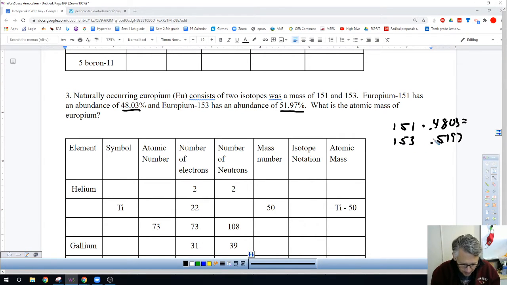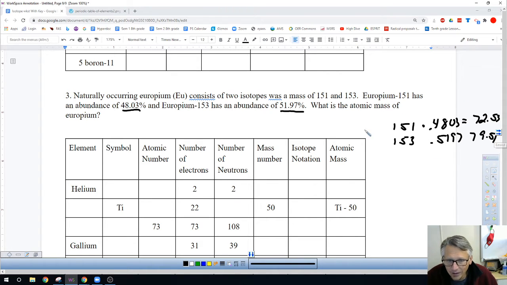So if we take on our calculator 151 times 0.4803, we get 72.53, and I rounded there. And if we take 153 times 0.5197, we get 79.51, and I rounded there.